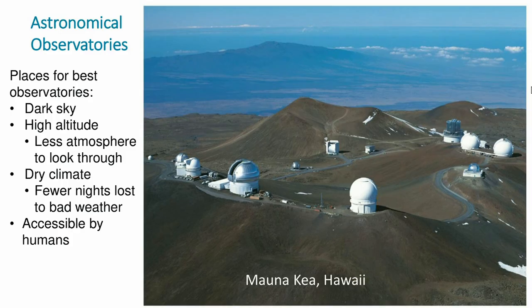When we look for the best places on Earth to put telescopes, what we're looking for are very dark skies, so not a lot of light pollution, so not near cities. High altitudes, because you have less atmosphere to look through, and we'll talk about why the atmosphere is a problem.